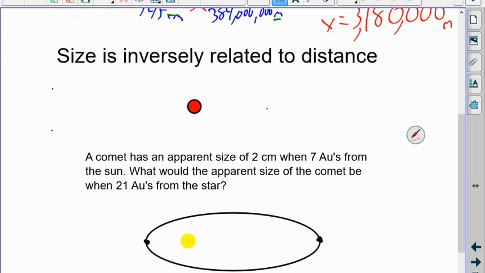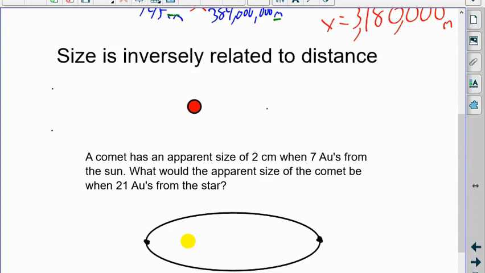This is a little bit tougher version of what I just did. Size is inversely related to distance. In other words, if I look at this little red thing here, if it got bigger, that's because it got closer. If it gets smaller, that's because it got further. I drew my little orbit over here. We have a comet that has an apparent size of 2 centimeters when 7 AUs from the sun.